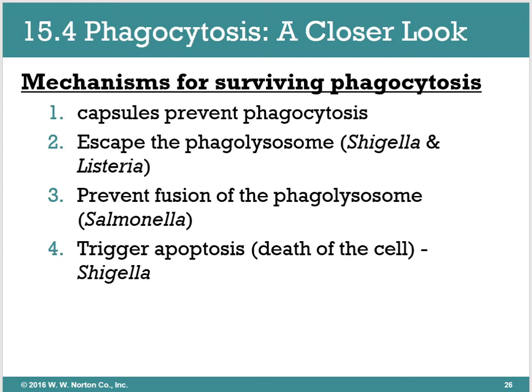Then you have the escape of the phagosome, meaning that they literally play keep away. Then you have the prevention of the fusion of the phagosome and the lysosome together. If that fusion doesn't occur, then the pathogen cannot be degraded. And then you have triggered cell death, where a pathogen can induce suicide of the host cell.